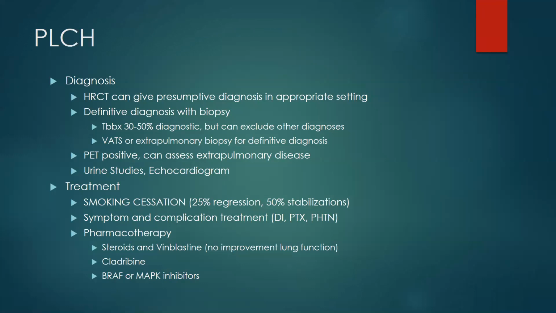PET scan would be positive, but can assess for other extrapulmonary disease processes once there's a definitive diagnosis. Other things that can be useful are urine studies for those concerned for diabetes insipidus, as well as echocardiogram to assess for pulmonary hypertension.